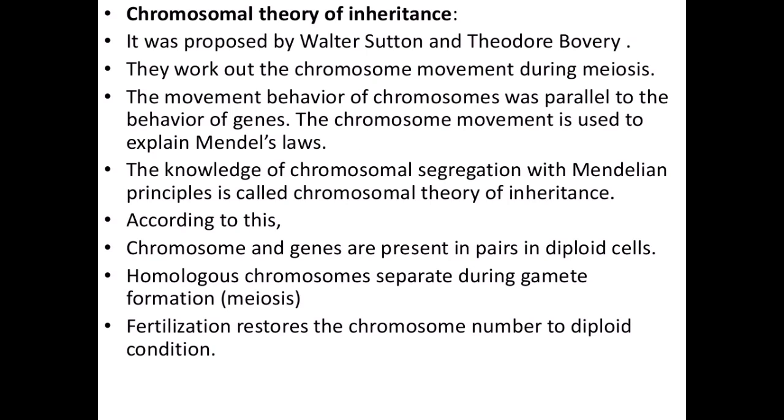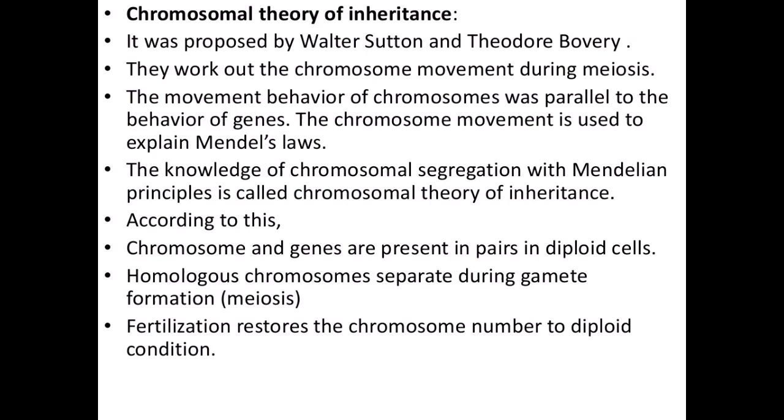Now see the chromosomal theory of inheritance. It was proposed by Walter Sutton and Theodor Boveri. They worked out the chromosome movement during meiosis. The movement behavior of chromosomes was parallel to the behavior of genes. The chromosome movement is used to explain Mendel's law.